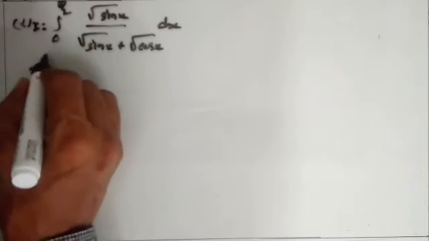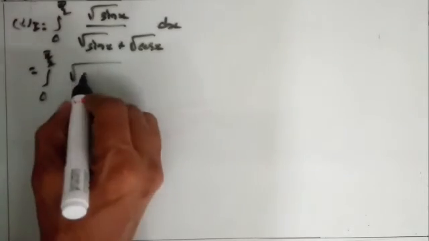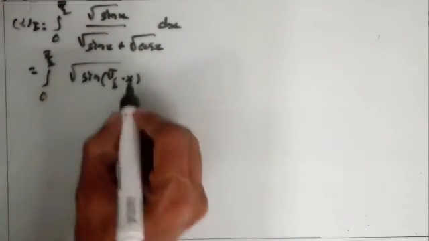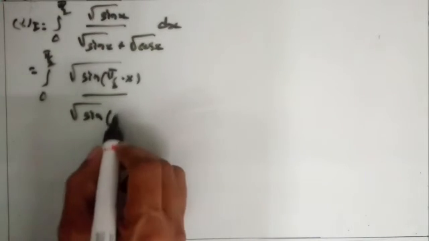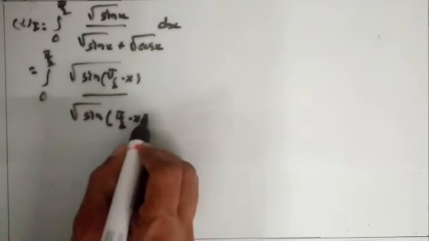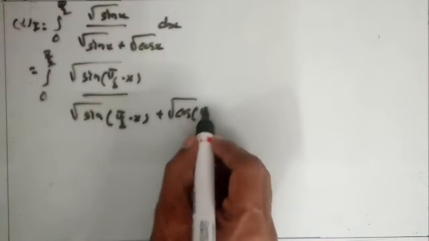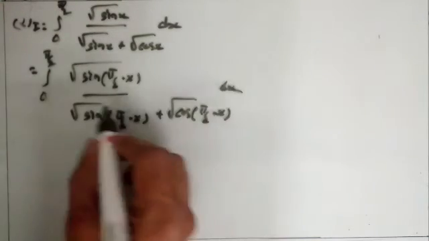So 0 to pi by 2, replace x by pi by 2 minus x: root of sin(pi by 2 minus x) upon root of sin(pi by 2 minus x) plus root of cos(pi by 2 minus x) dx. Clear?